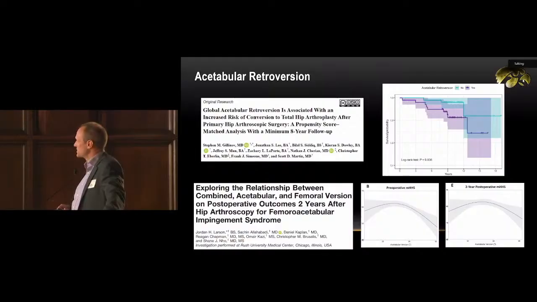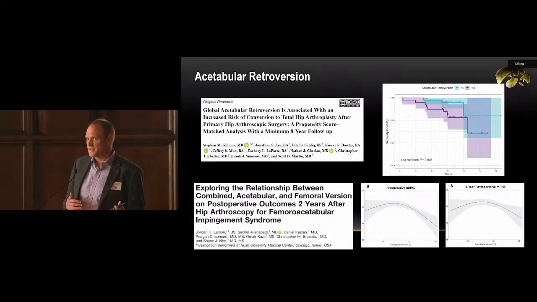This first one's from Scott Martin in Boston, and they found lower survivorship at 8 years in patients that were treated for FAI with global acetabular retroversion. This is another interesting study from Shane No, where they looked at all their FAI surgery.